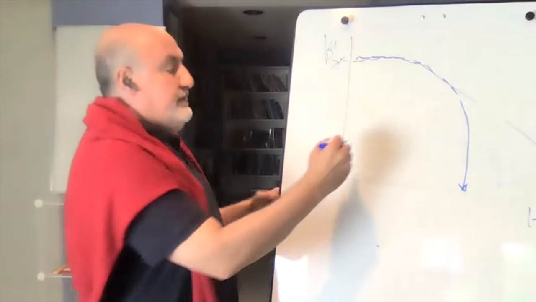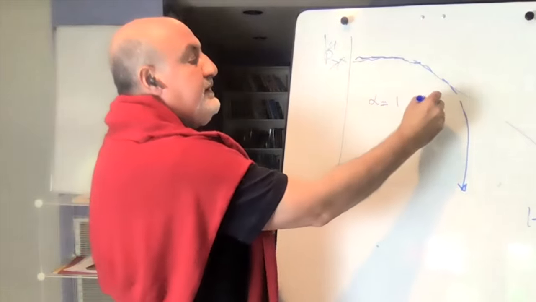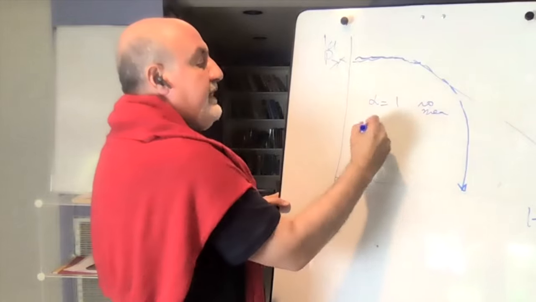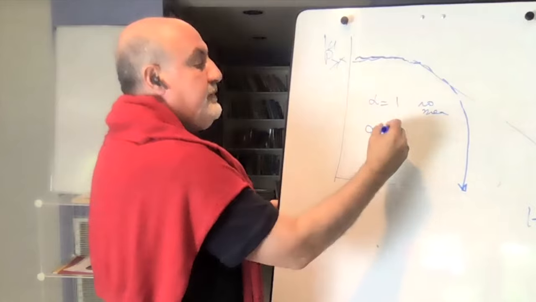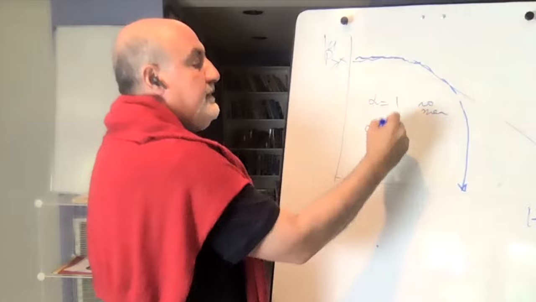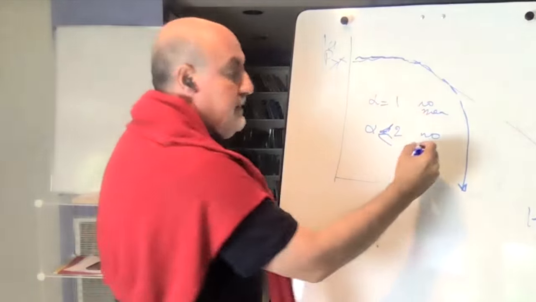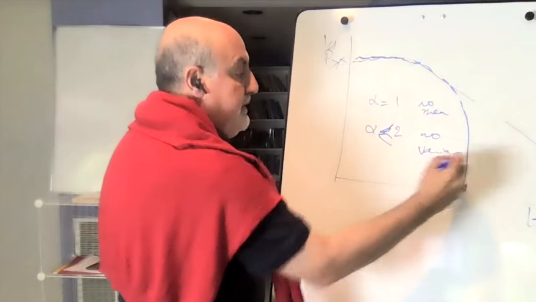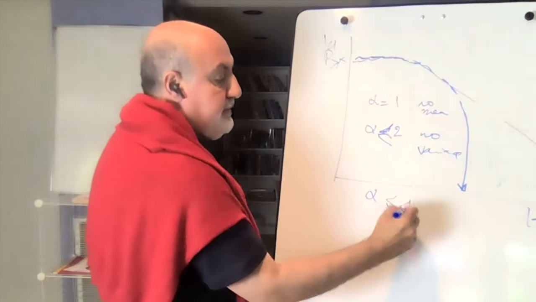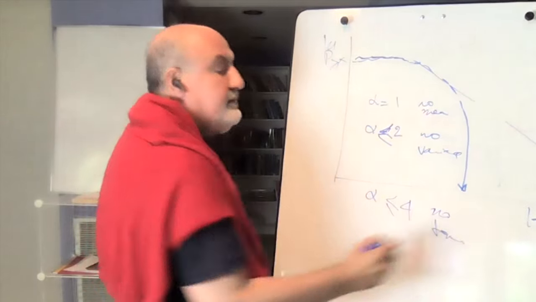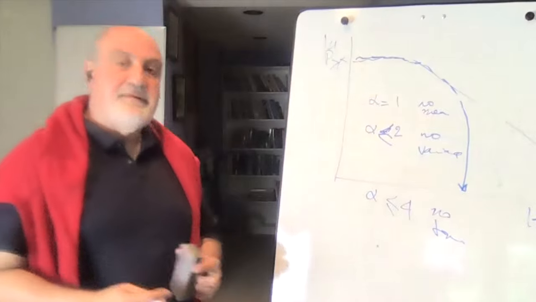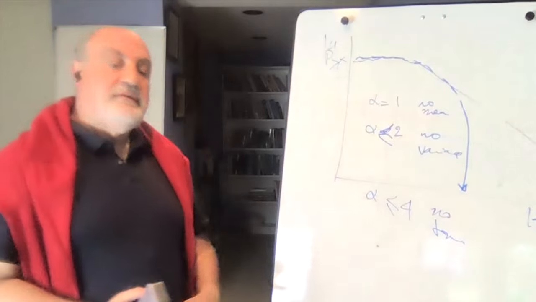One property you need to note is that when alpha equals 1 or lower, there is no mean. When alpha equals 2 or lower, no variance. When alpha equals 4 or lower, no kurtosis, or it's infinite, depending on whether the moment is odd or even.